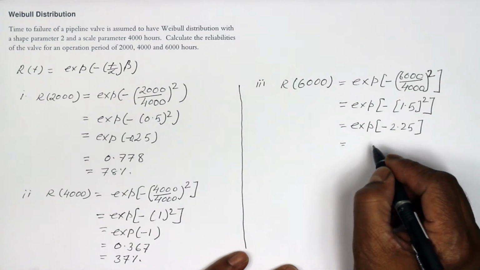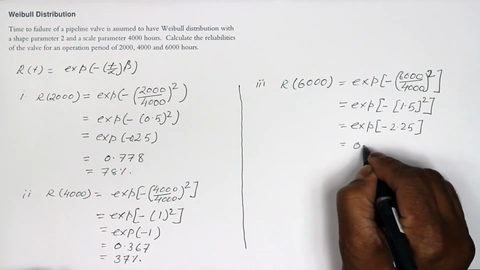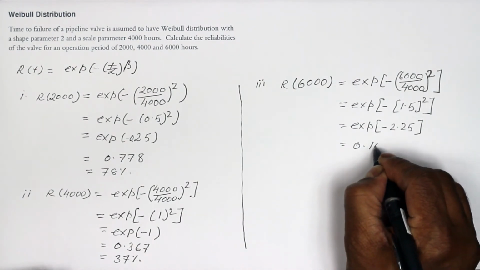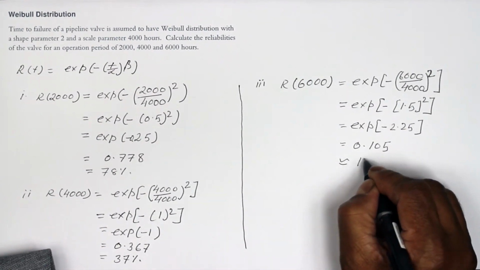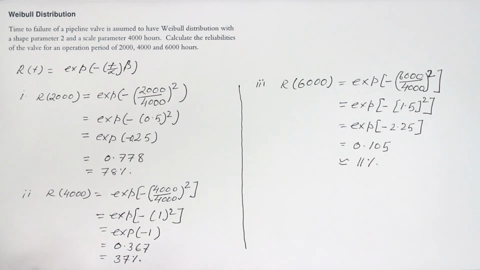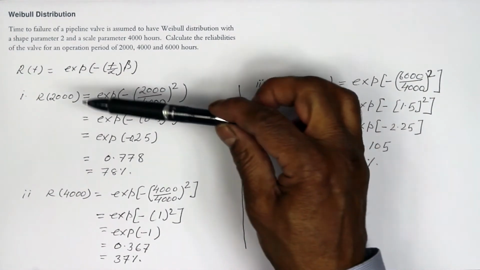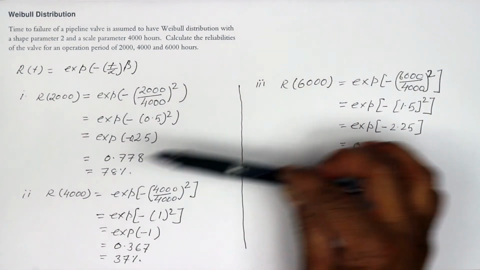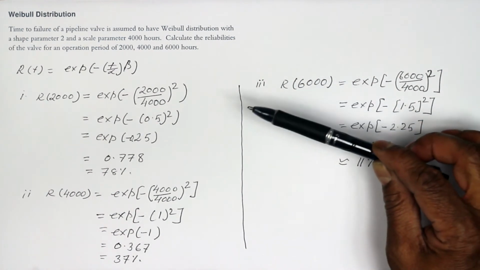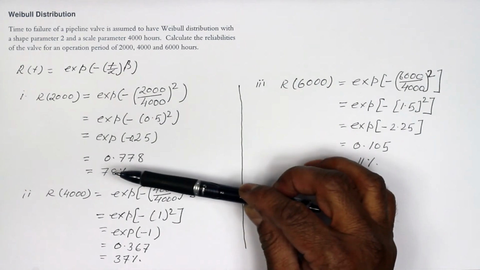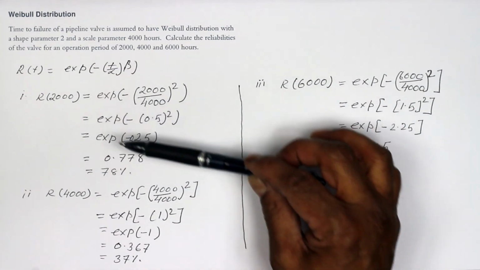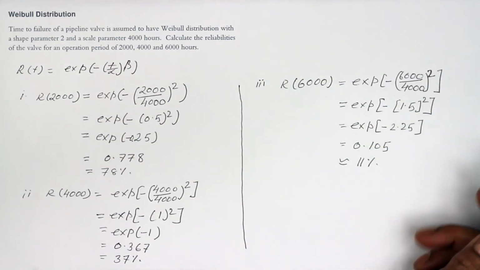It comes down to 0.105, approximately 11%. If you look at these three periods of operation, 2000, 4000, 6000, there is a dramatic decrease in reliability. So reliability is going down dramatically.